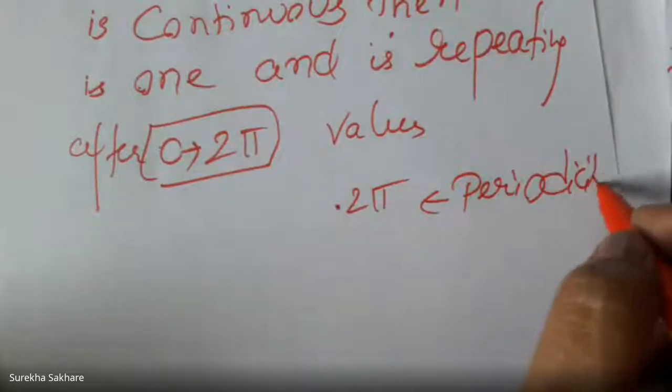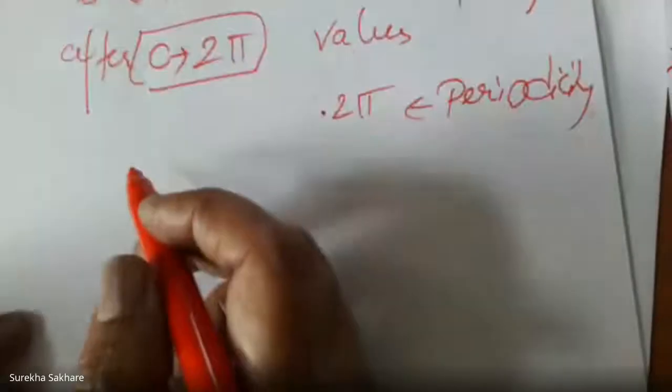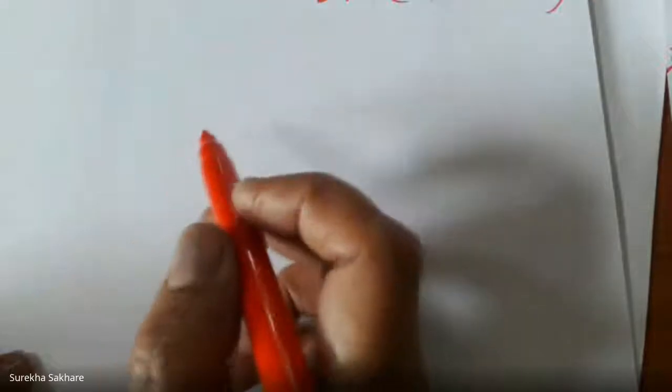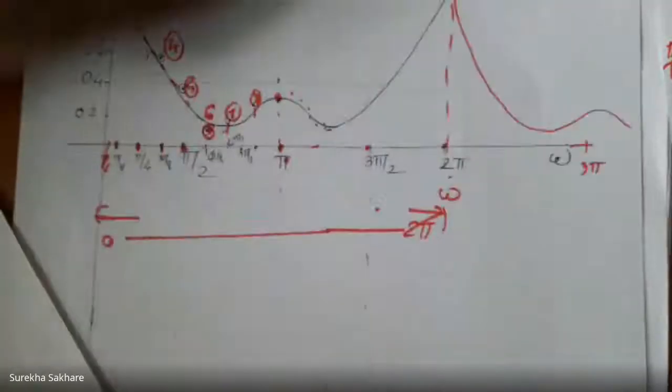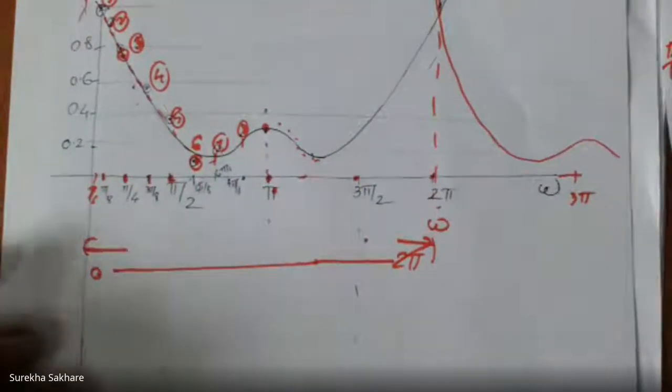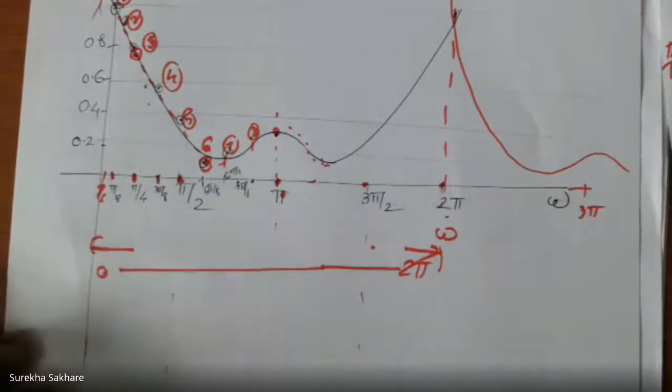That is why now you see that the spectrum is continuous. The spectrum here is continuous. So why are we not happy with this DTFT output?